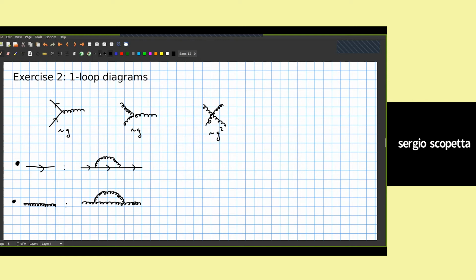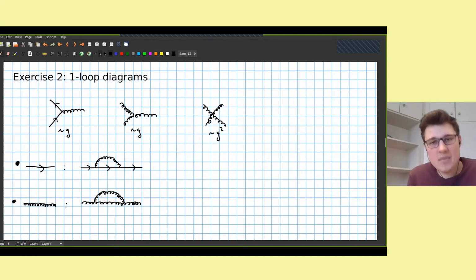Let's compare these two vertices. You see that one 4-gluon vertex actually scales the same as two 3-gluon vertices. So the general rule is, what one could do in more or less every case, when you have two 3-gluon vertices, you can contract one gluon line that connects these two vertices and get one 4-gluon vertex, and that's of the same order.